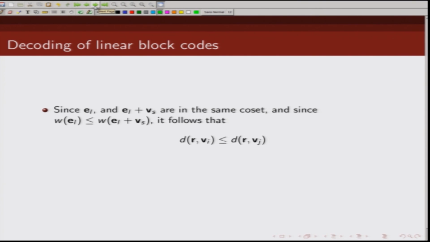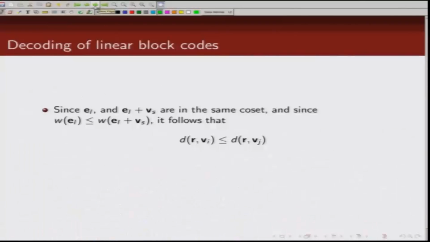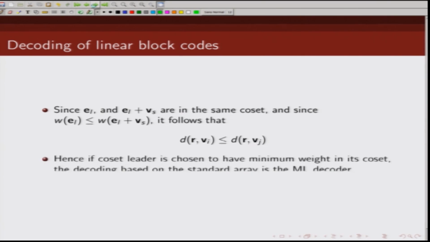So, as I said, since El and El plus Vs are in the same coset and our coset leader has minimum Hamming weight, weight of this is less than or equal to weight of this, then this will always happen. In other words, Vi will be closer to R than any other code word Vj to R. So, this will be our correct decoding.